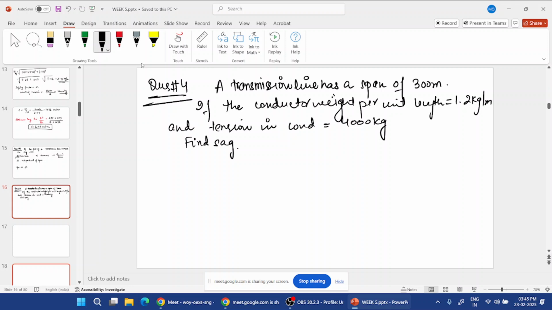We have to use the formula, which is S is equal to WL square upon 8T.